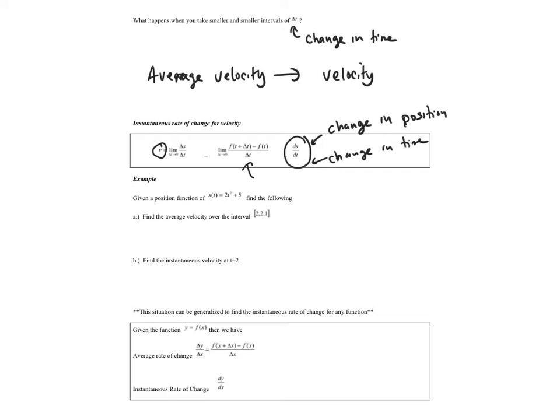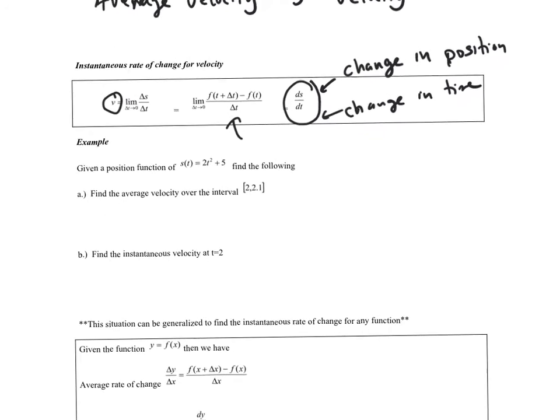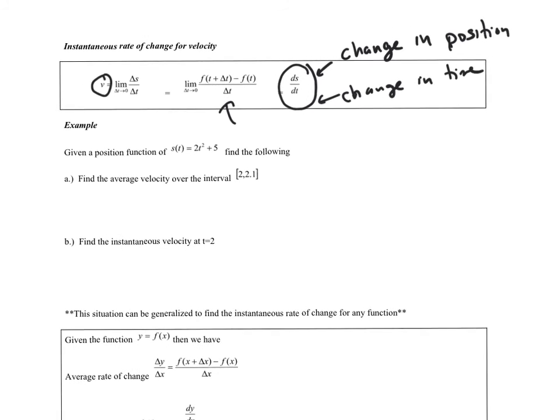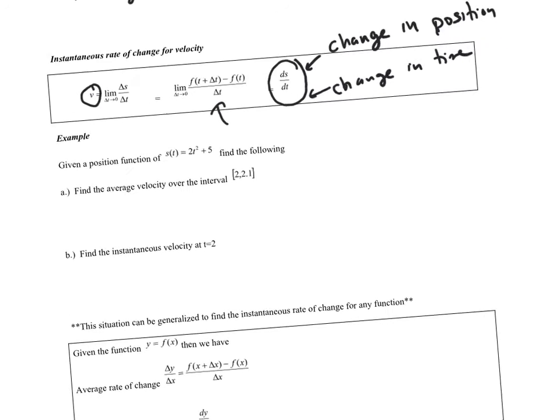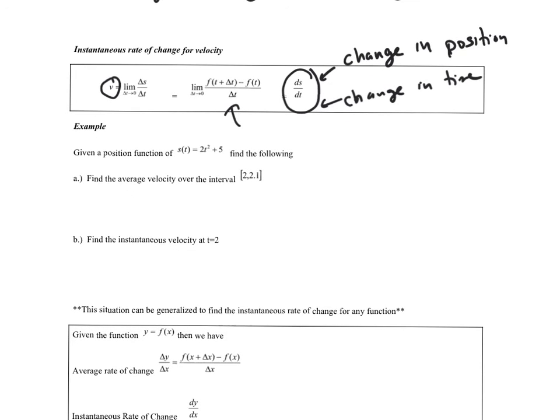So if you look at this problem, we have a new position function. It says 2t squared plus 5. We're going to find the average velocity over the interval 2 to 2.1, and then the instantaneous velocity at 2. So the average velocity is going to be s of 2.1 minus s of 2 over 2.1 minus 2. That makes the denominator 0.1, nothing crazy there.